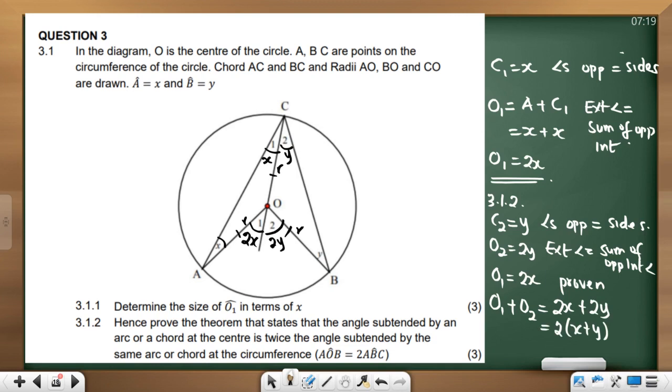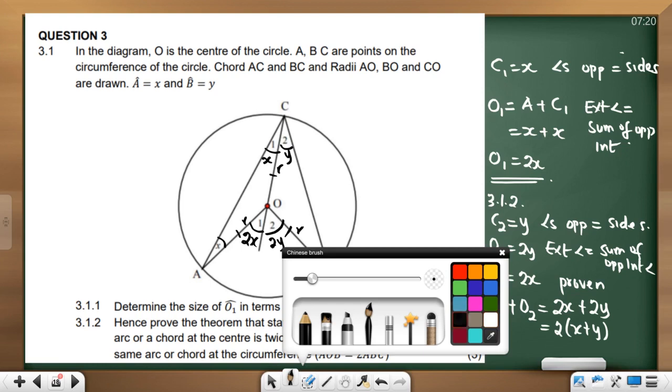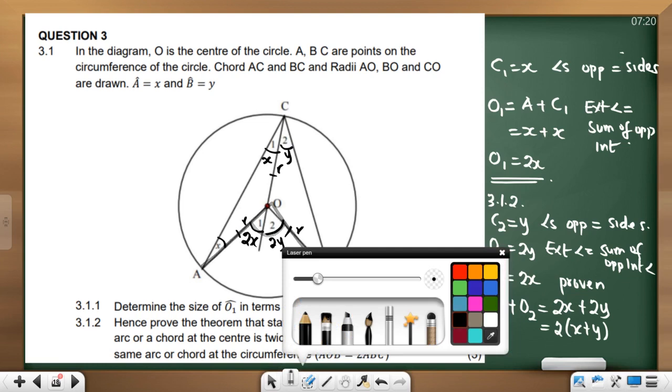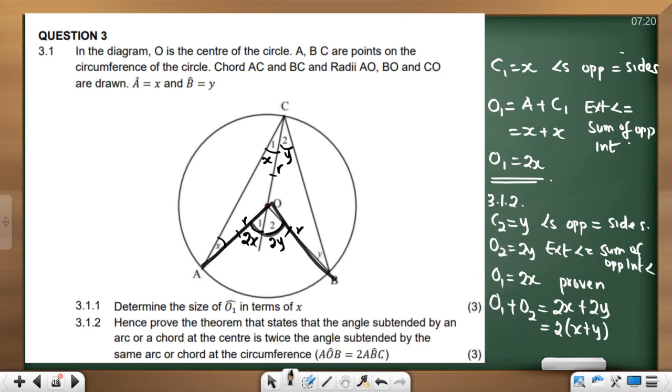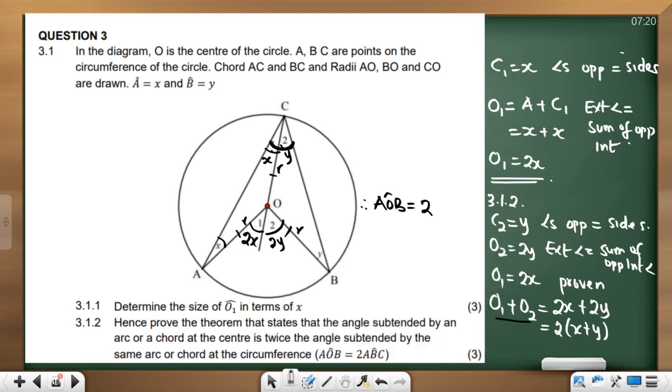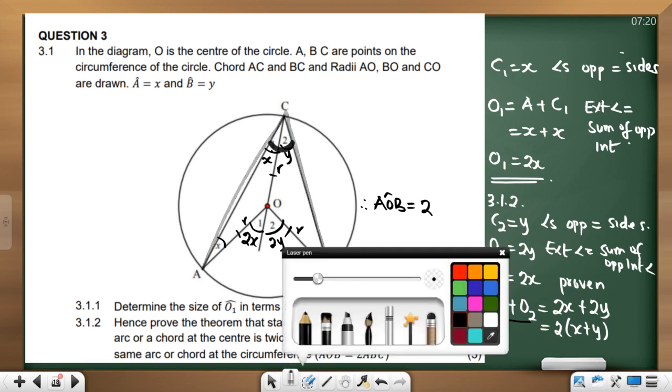My O1 and O2 is actually AOB, that angle. Okay, I'm just going to write on the question paper now for space. O1 plus O2, therefore AOB, which is my O1 plus O2, is equal to 2. What is x plus y? X plus y right here is this angle there. Oh, which is angle ACB. Beautiful.